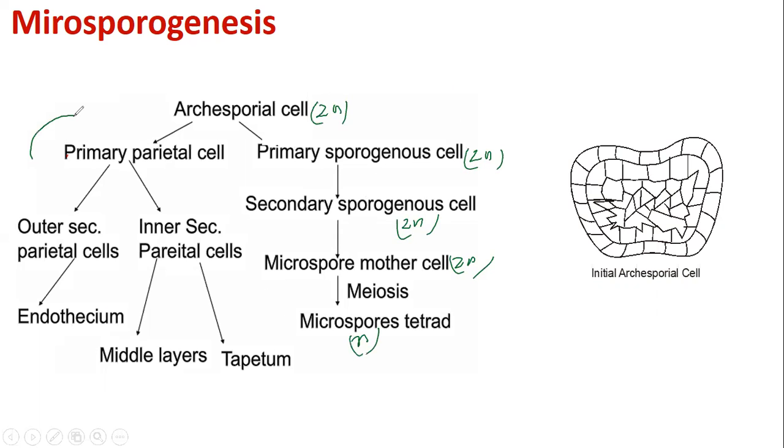And this entire structure, all are diploid. No haploid structure is found in the anther wall. So that is the only thing you need to keep in mind: only the microspore is haploid, the rest of the entire structure in microsporogenesis is diploid. Okay, note it quickly.